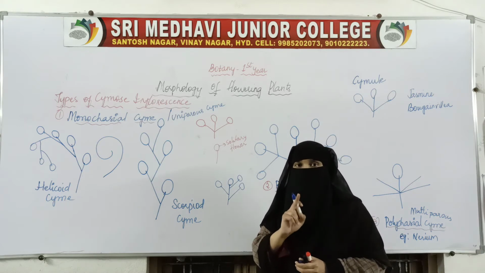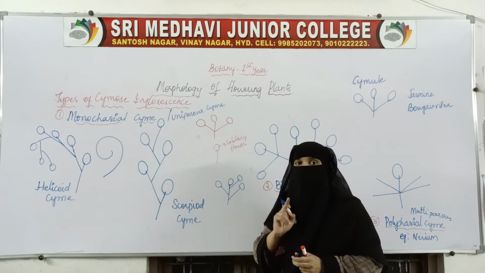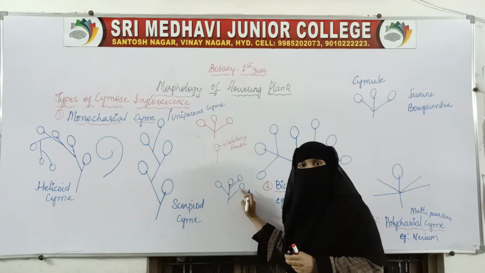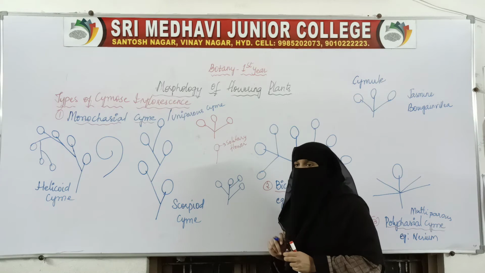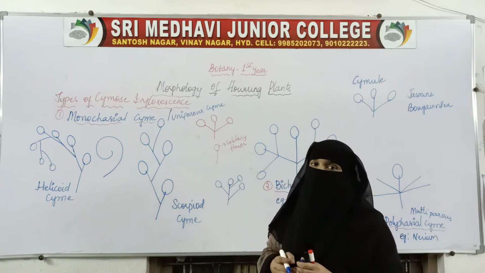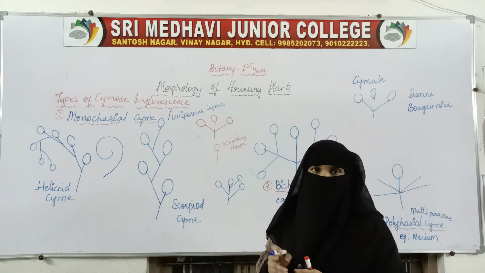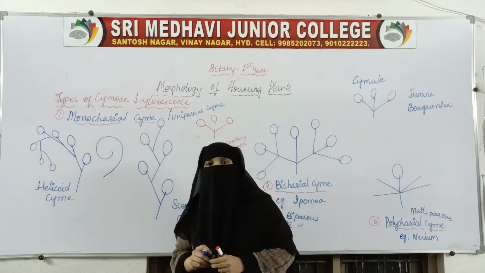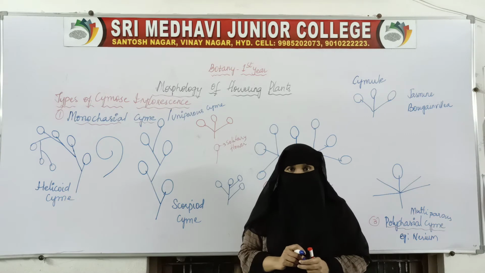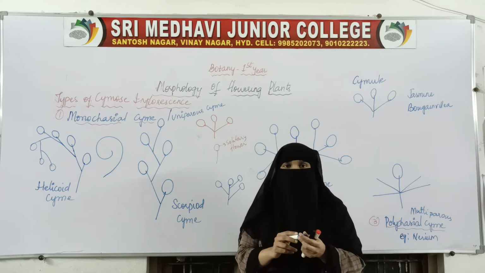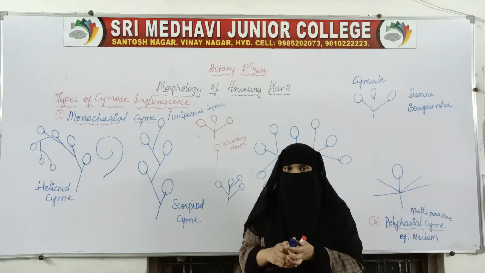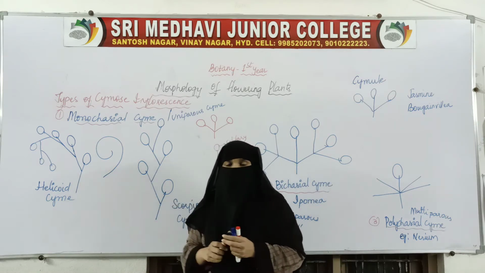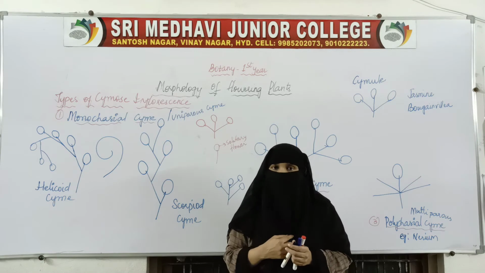If a plant produces only one branch every time, that type is called monochasial cyme.